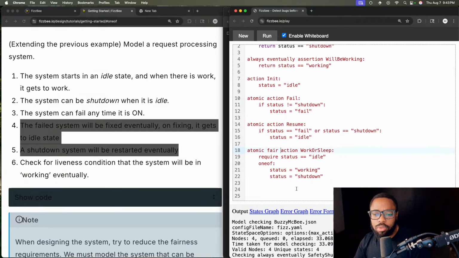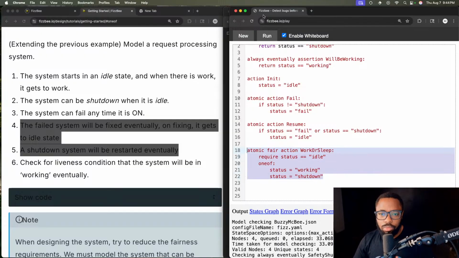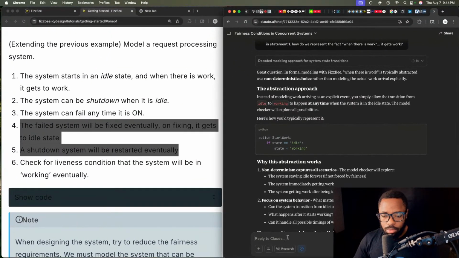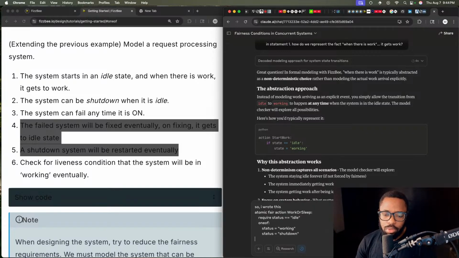But then doesn't that mean that I'm also requiring the status to always be in idle? Let me ask. So I wrote this. Does this weak fairness mean that I'm demanding that the action always be enabled?